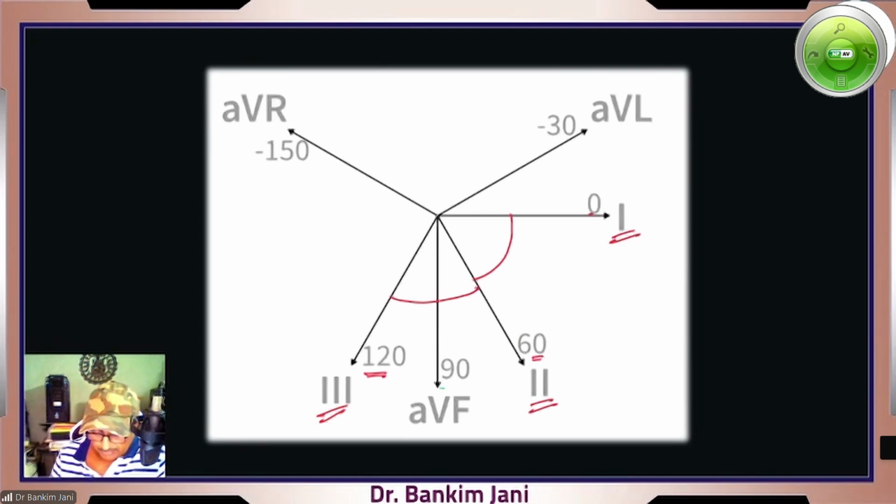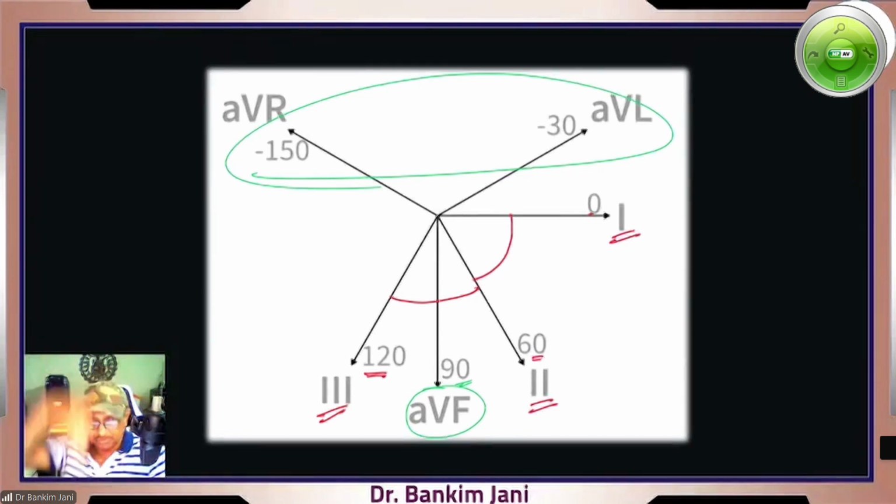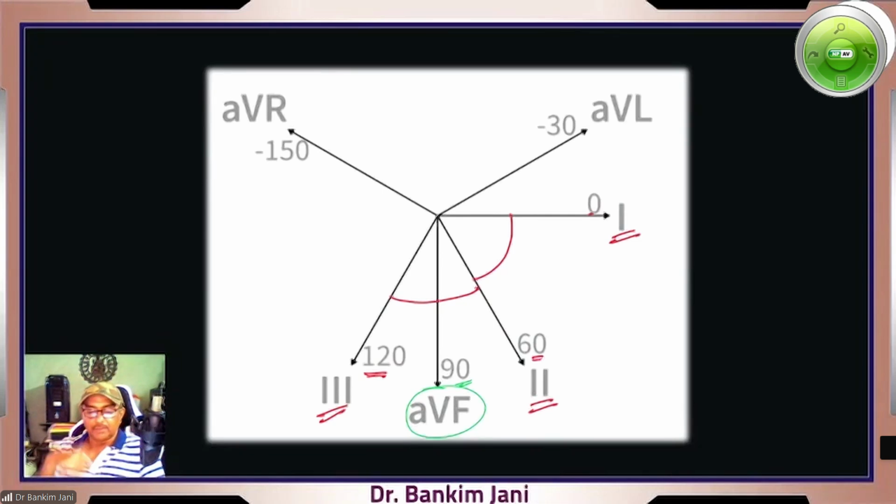About AVF. AVF is 90 degrees, because both of them were made negative. So straight away, the first axis is going down. So that is 90 degrees. The total is 360 degrees. It has to be divided into 3 parts with a gap of 120 degrees. So this is the gap of 120 degrees. So 90 plus 120, that is 210. But because we are taking it like at this point 180, and from there this is plus 180 as well as minus 180, and from here it will go towards 0.